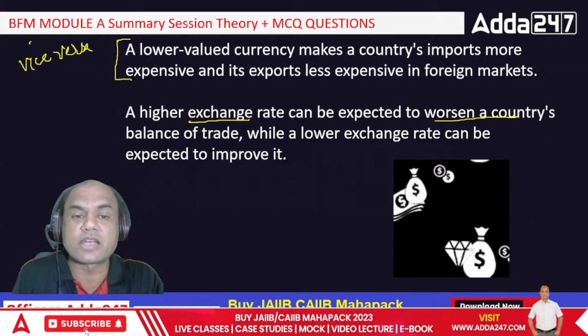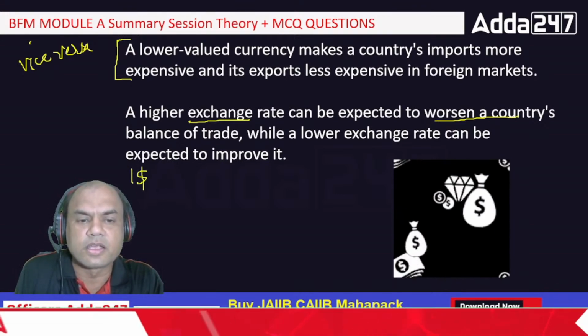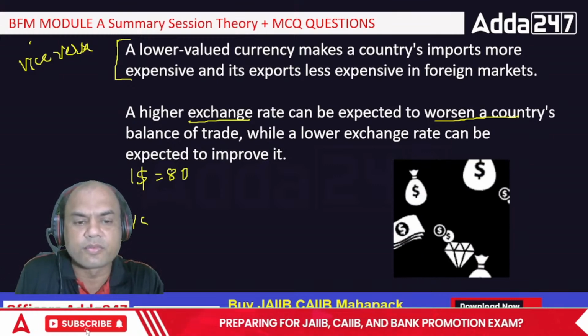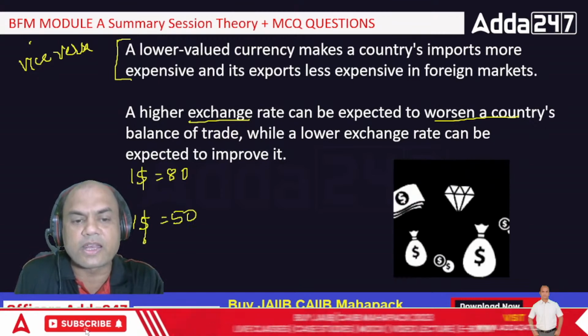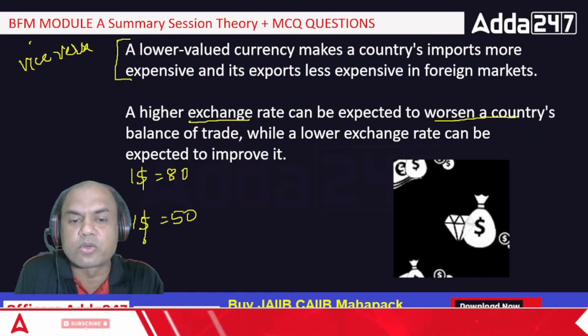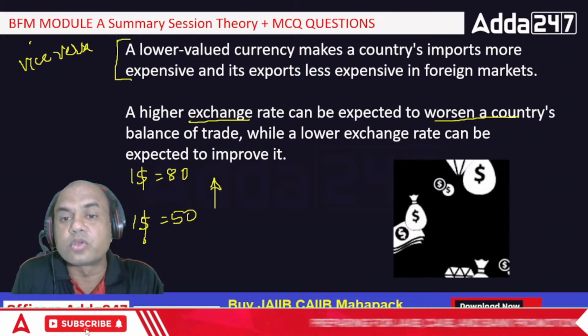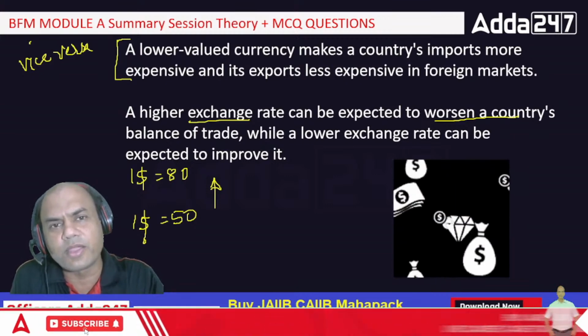A higher exchange rate means, same example, we'll take it again: $1 equals 80 versus $1 equals 50. So higher exchange rate means from 50 it goes to 80. So it will worsen the country's balance of trade. Obviously it will worsen. Why?